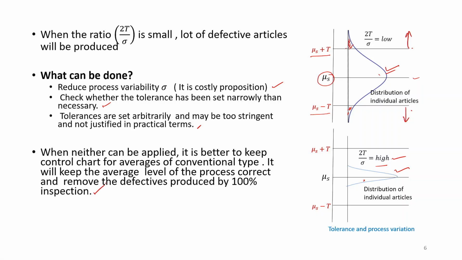That is, when none of these approaches can be taken, we keep the control chart for the averages of the conventional type. That is, we say that plus minus 3 sigma limit is the range in which we are trying to keep it, and the articles which are becoming defective will be reprocessed.